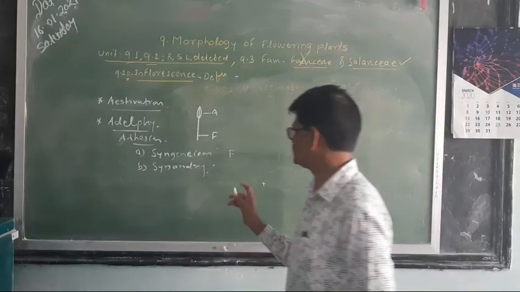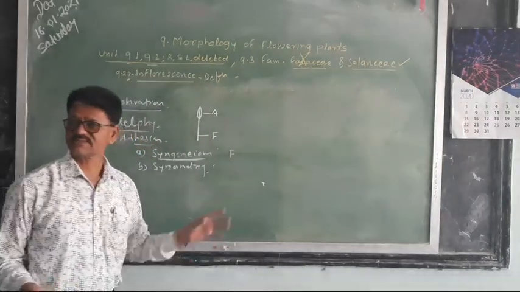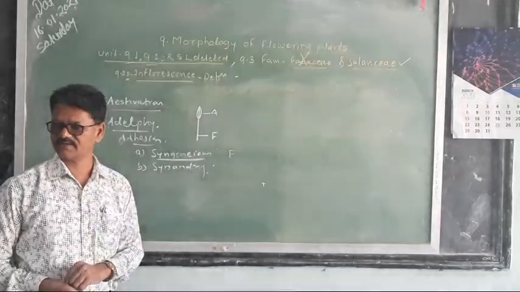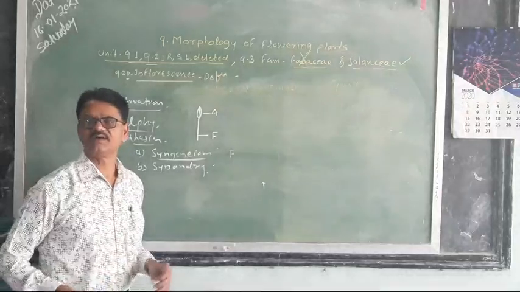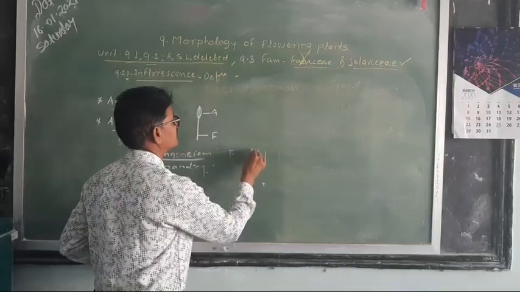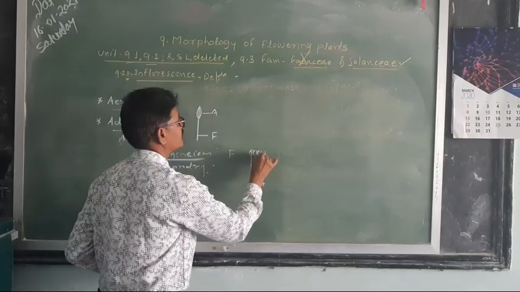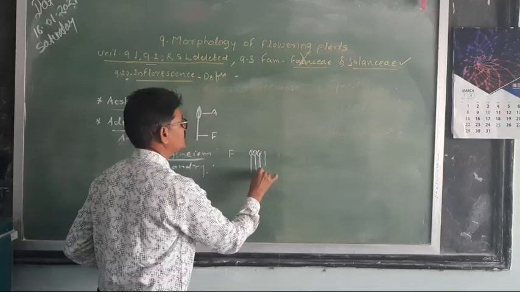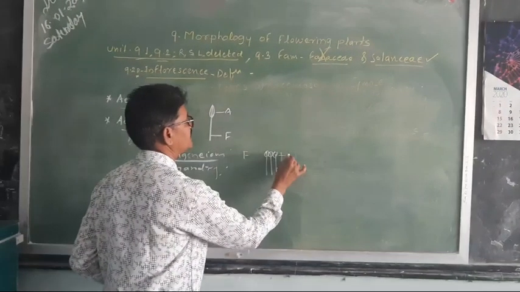Then Syngenesious means what? Their anthers are united to each other and filaments are free. For example, sunflower, in this fashion. These anthers are united, and these are the filaments.